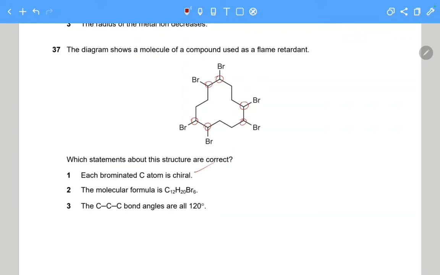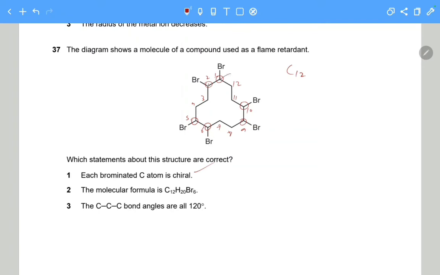The molecular formula is C12H20Br6. Let's calculate. So we have 1, 2, 3, 4, 5, 6, 7, 8, 9, 10, 11, 12 carbons. So far so good.